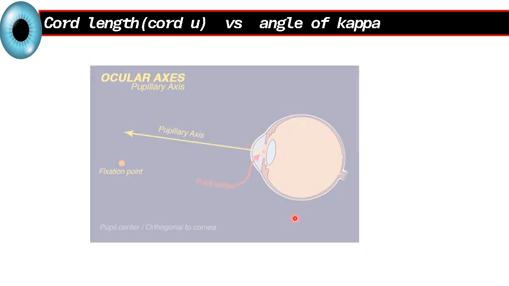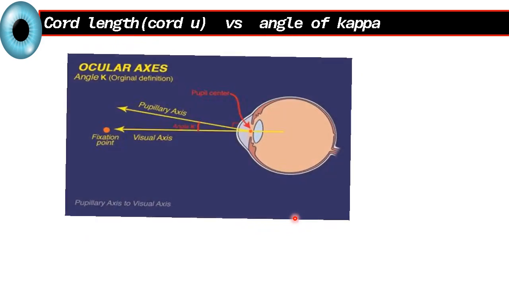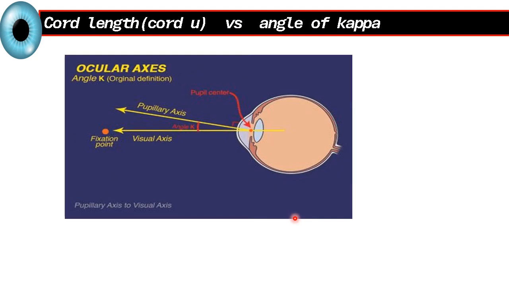After understanding these three important axes, comes the angle of kappa. The angle of kappa is the angle between the visual axis and the pupillary axis.